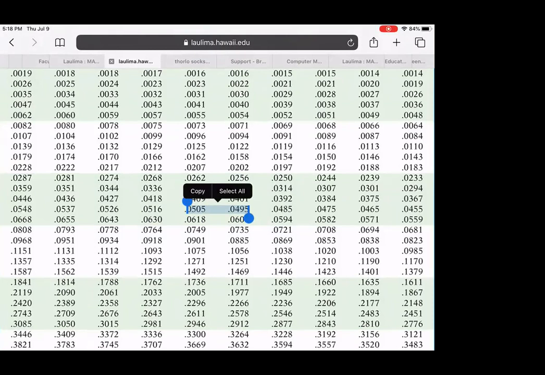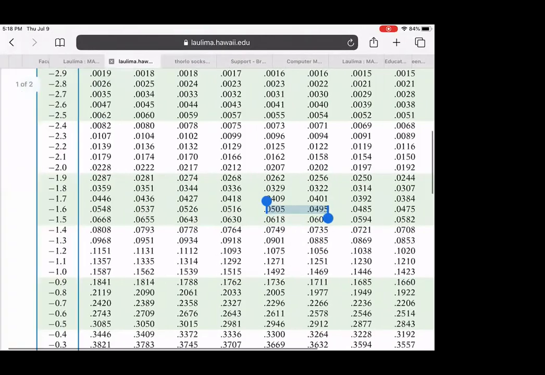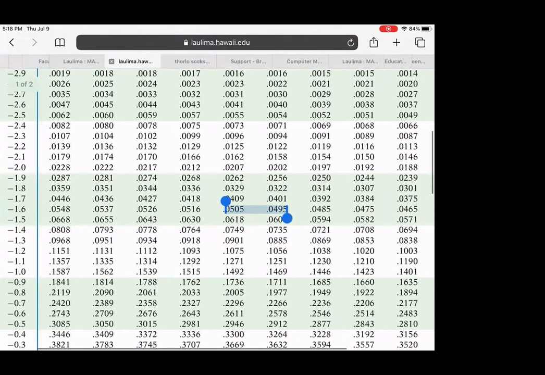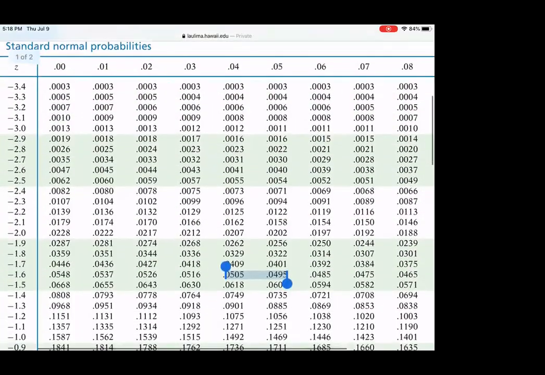And those correspond to the z-score of negative 1.64 and negative 1.65. And so since 0.05 is right in between these two probabilities, I'm going to use the z-score that's perfectly in between negative 1.64 and negative 1.65.